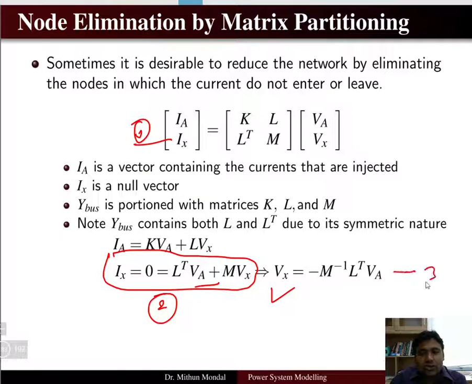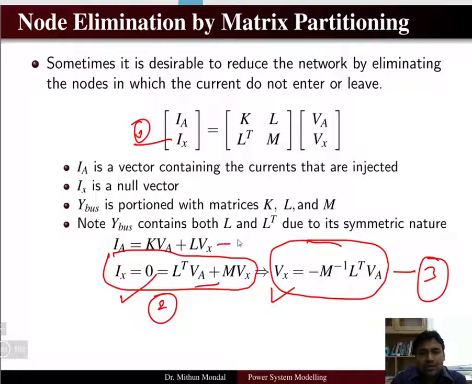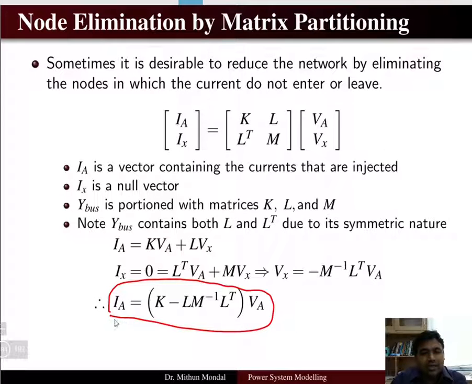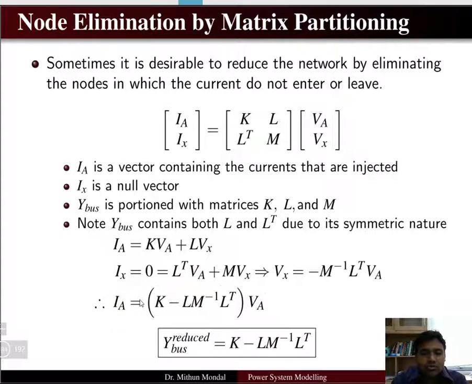So this will be the third equation. Vx we can easily obtain from equation number 2. Now if we substitute equation number 3 in equation number 1, we get the values of the current Ia in terms of the new matrices.